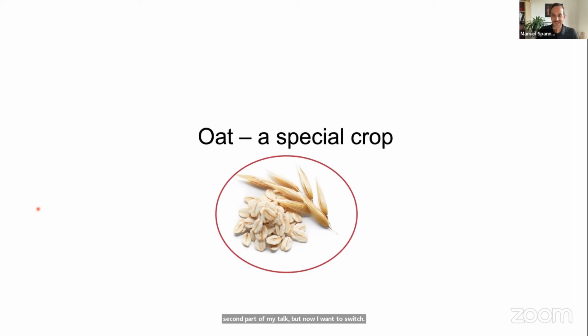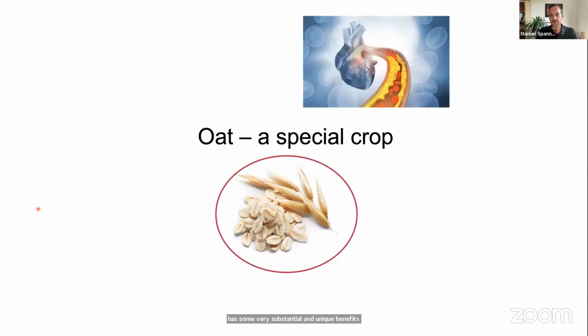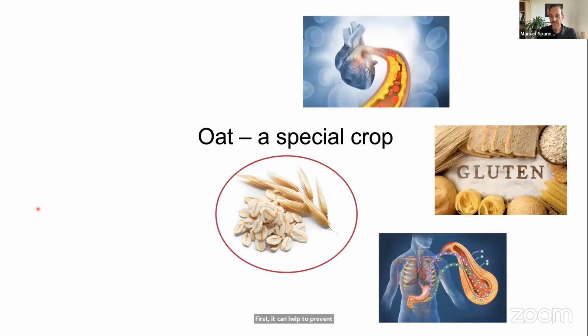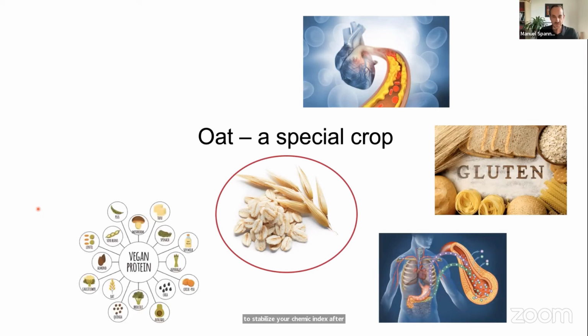It's oat. Oat is a somewhat underutilized crop so far, but it has some very substantial and unique benefits. First, it can help to prevent cardiovascular diseases. It's gluten-free. It is high in beta-glucans and fibers, which help to stabilize your glycemic index after meals, for example.